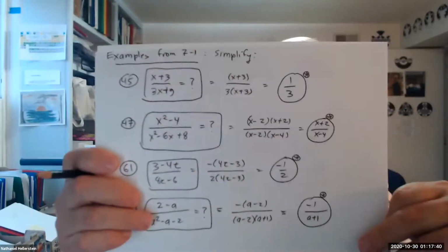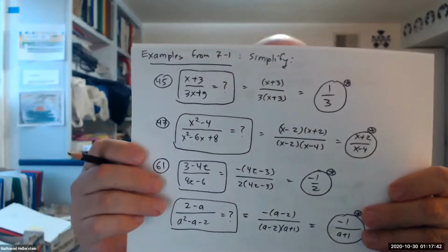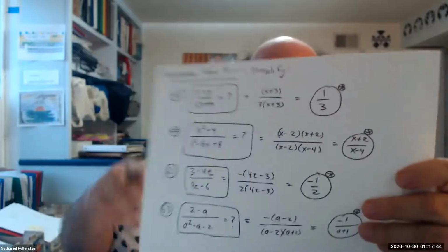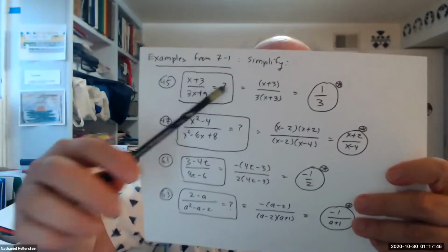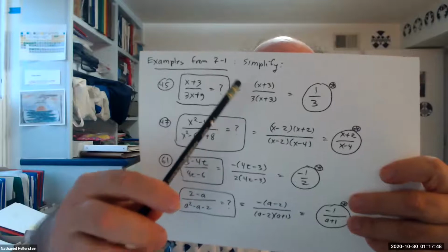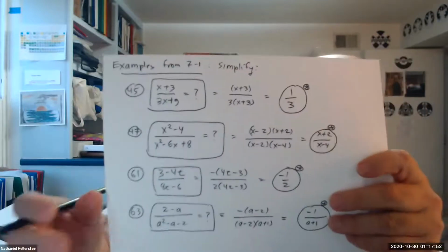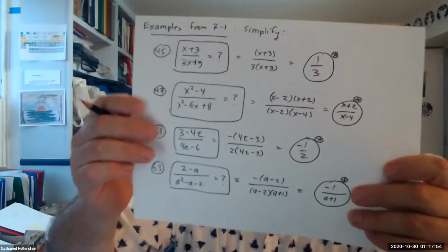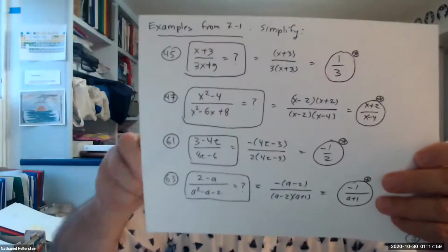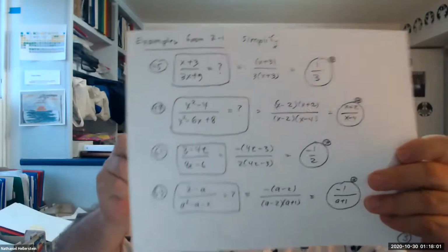X plus 3 over 3x plus 9, which, as you can see, you remove the common factor of x plus 3 from numerator and denominator, leaving a 3 in the denominator and 1 in the numerator, so it cancels to 1/3. This one, x squared minus 4 over x squared plus 6x plus 8.